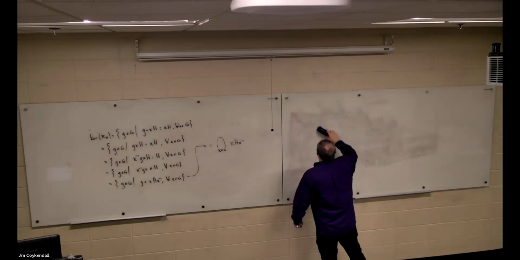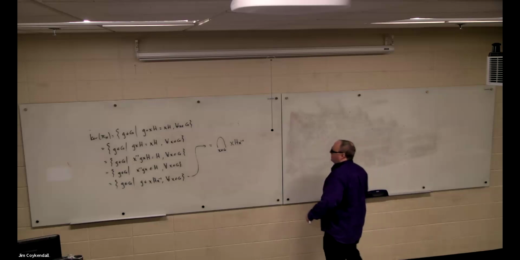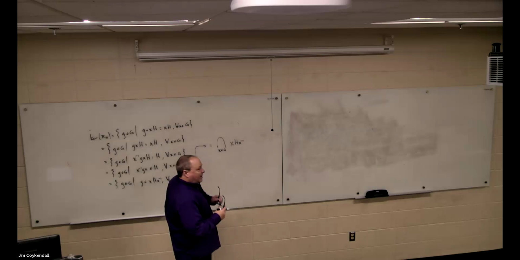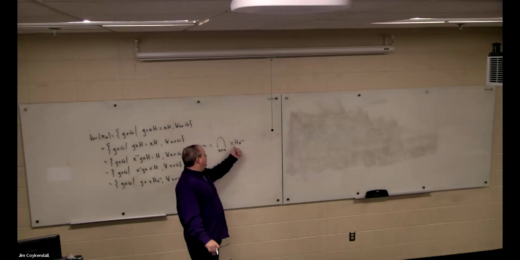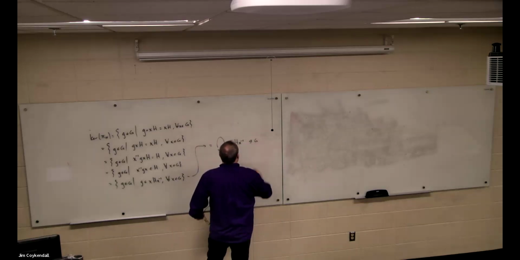I'm going to leave part of this as an exercise. I think it might be a good thing to think about. See if you can prove that if H is any subgroup of G, then the intersection of all conjugates of that subgroup is always normal in G.